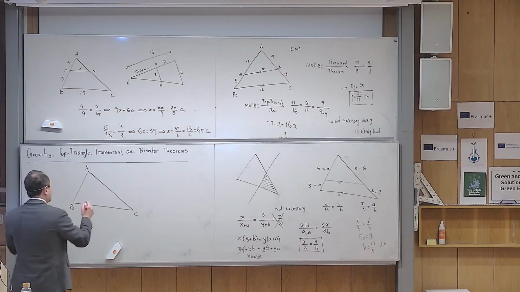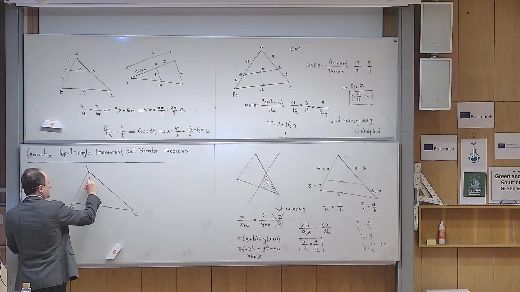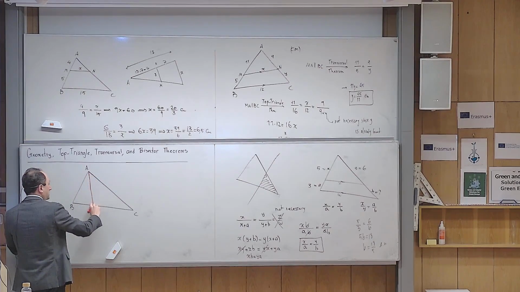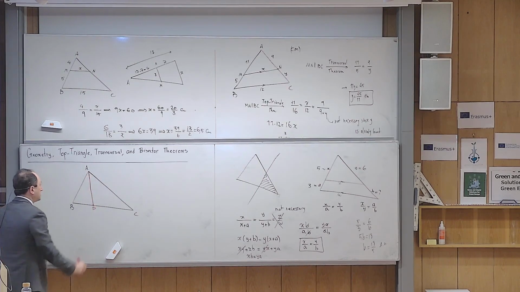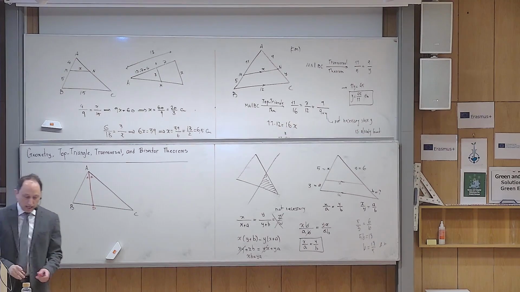Yes? So, for example, let me choose this one, and I want to draw a line that divides my angle into 2 equal pieces. So I continue here until I hit the opposite side. This line segment that I construct in that way is called the angle bisector. Let me call this point D, the angle bisector of angle A. So here, if I call this alpha, this is also alpha. That is the meaning of being an angle bisector.